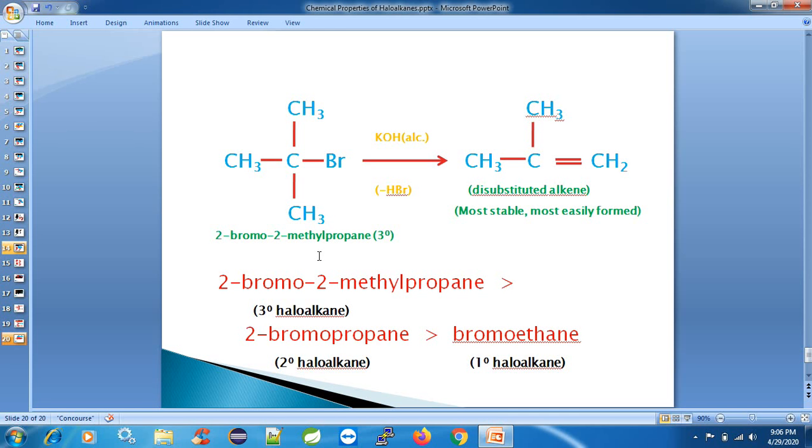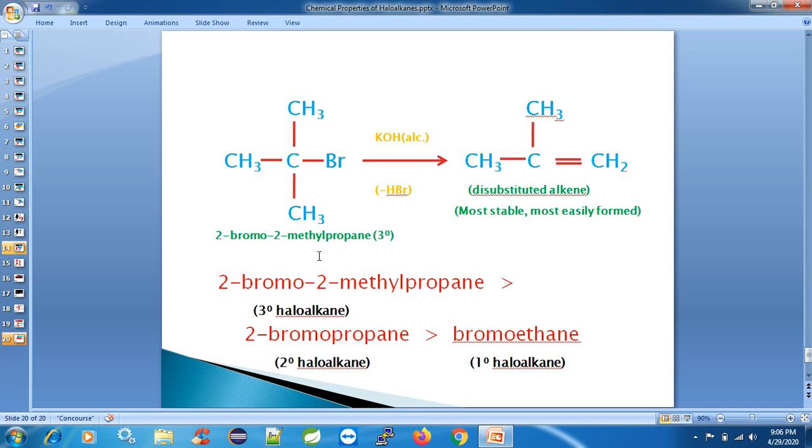So from this it is clear that tertiary alkyl halide undergoes the elimination reaction at a faster rate in comparison to secondary alkyl halide, and secondary alkyl halide also undergoes elimination reaction at a faster rate in comparison to primary alkyl halide. So this is all about the elimination reaction shown by alkyl halides. When alkyl halides undergo elimination reaction, alkenes are formed.